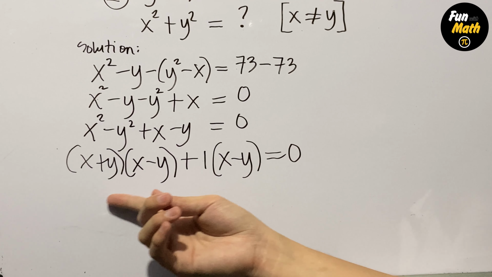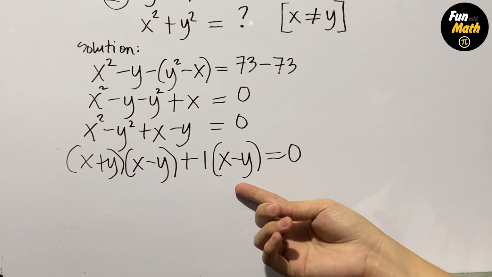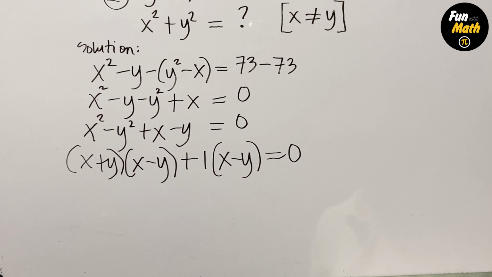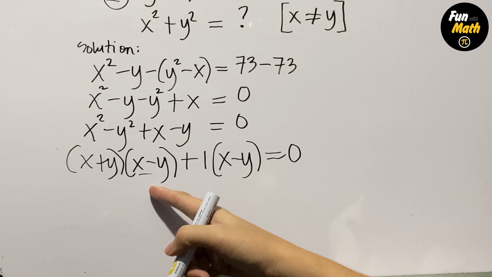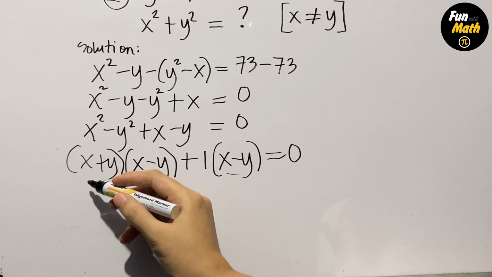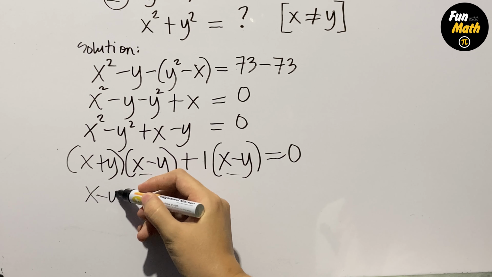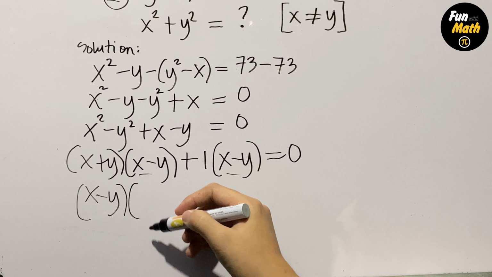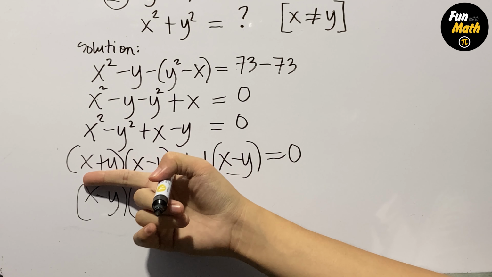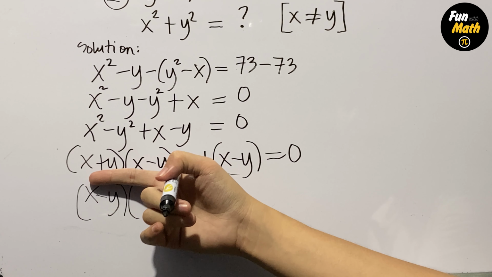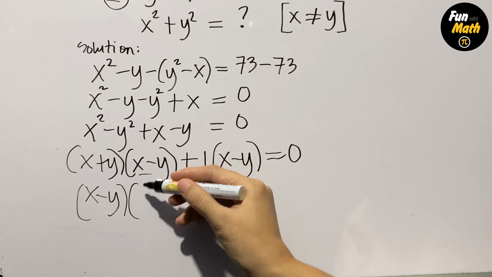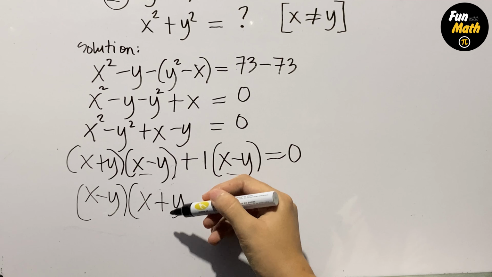Now, we are going to identify the common factor here. So the common factor is x minus y, because there is x minus y here and also here. So we write x minus y. Now, x plus y times x minus y divided by x minus y will be cancelled, and we have x plus y.